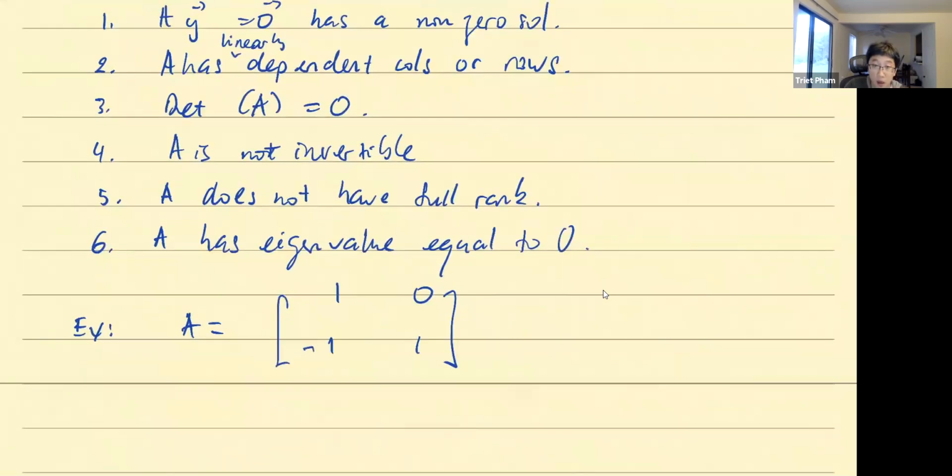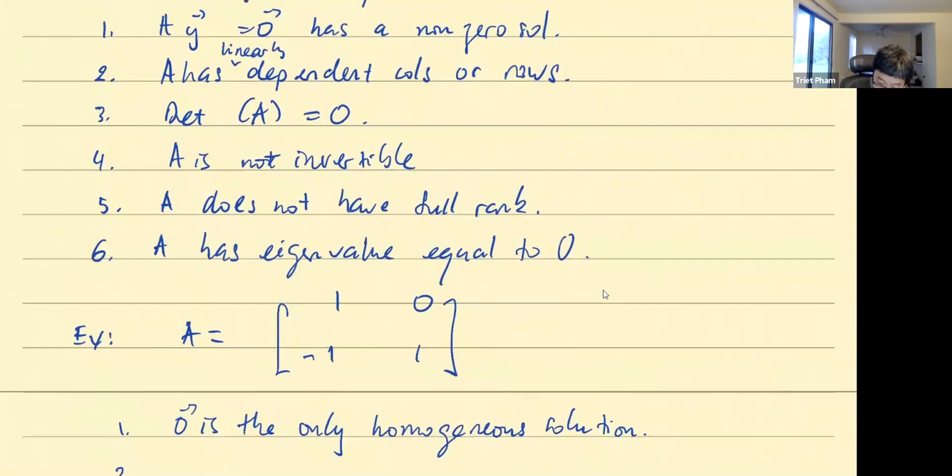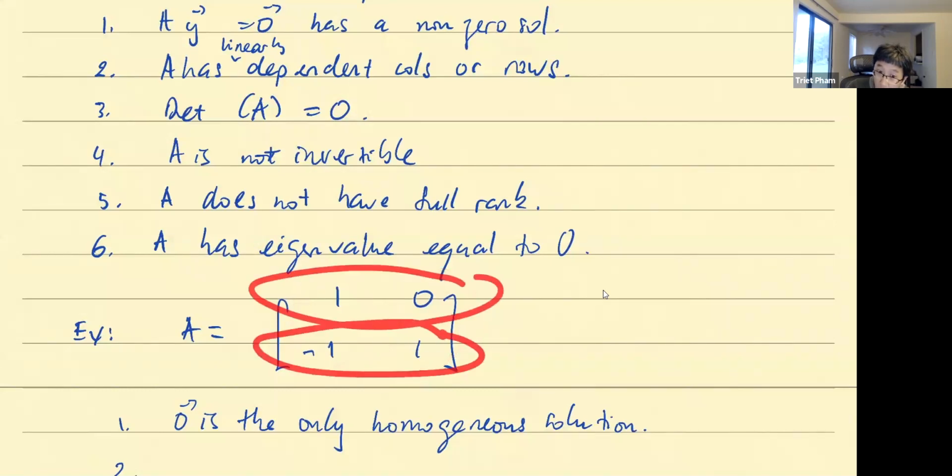It seems like 0 is the only solution, the only homogeneous solution. 2, what are the columns? This and this are independent. What do we mean when two vectors are independent?